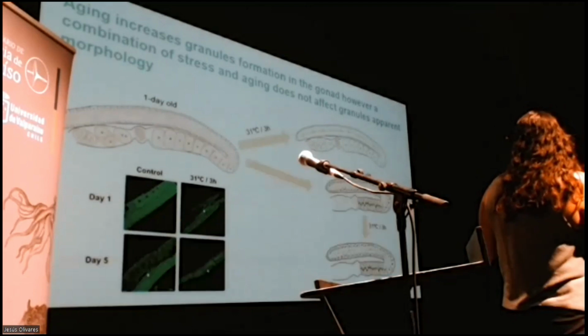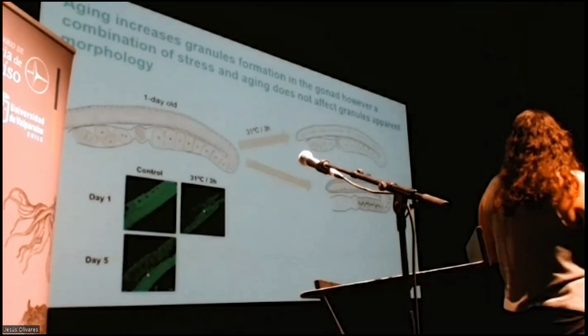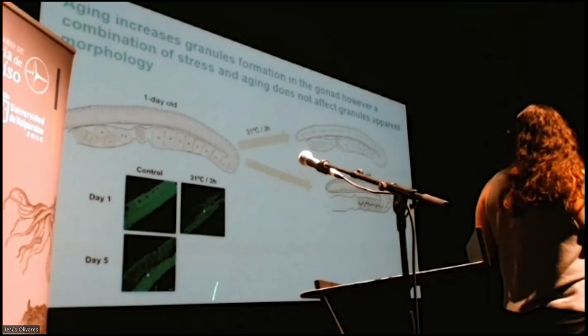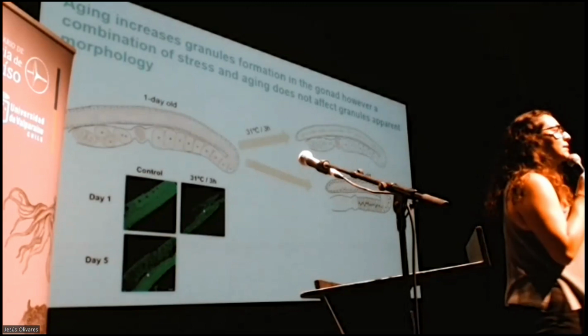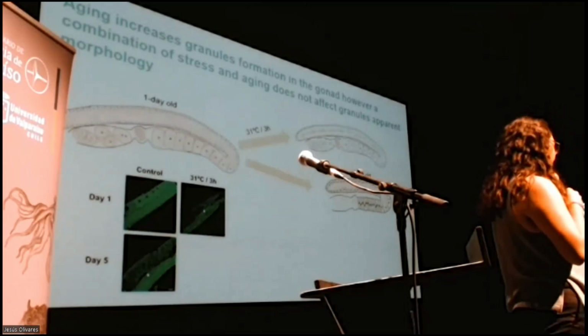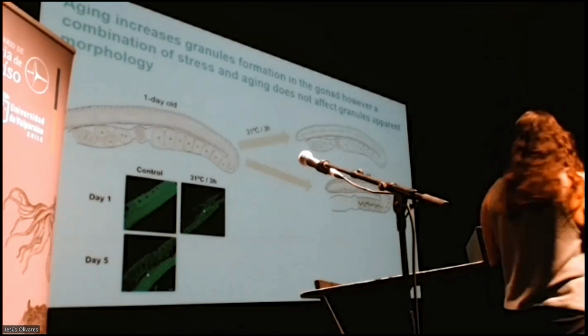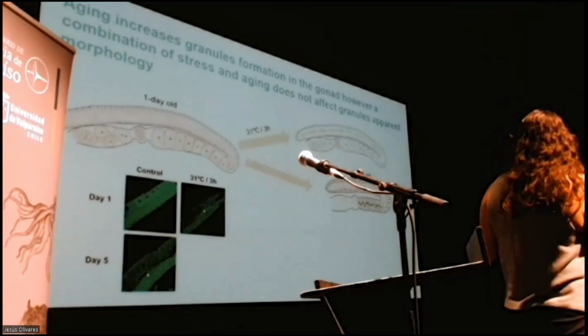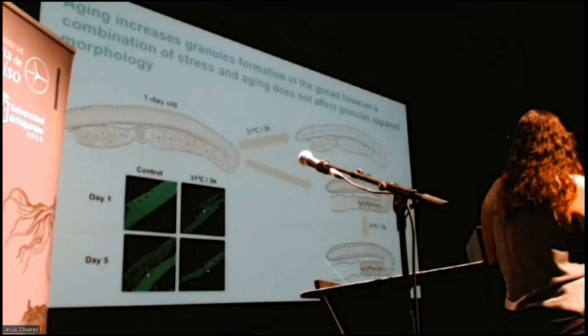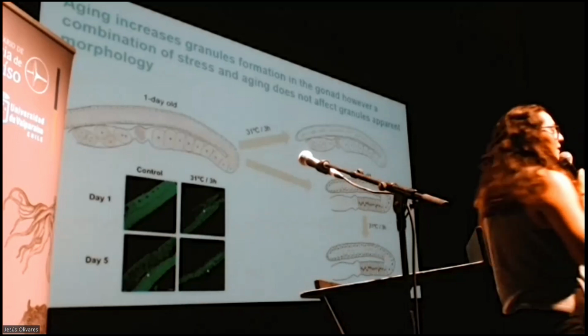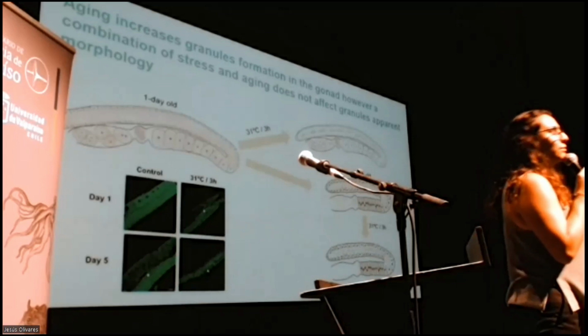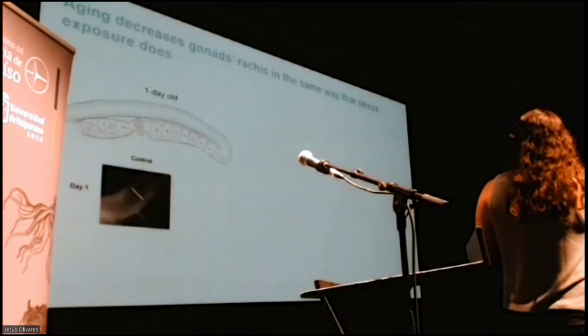This is how a control gonad looks. We can see a little punta here. This could be because of meiotic arrest stress. And finally, this is how we can see the formation of stress granules in the gonad of 5-day-old worms.